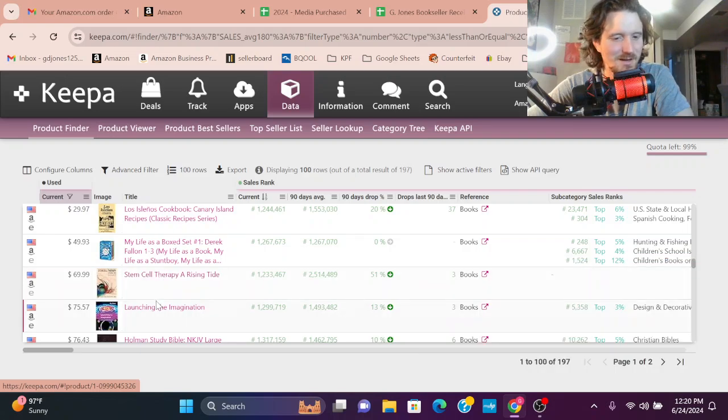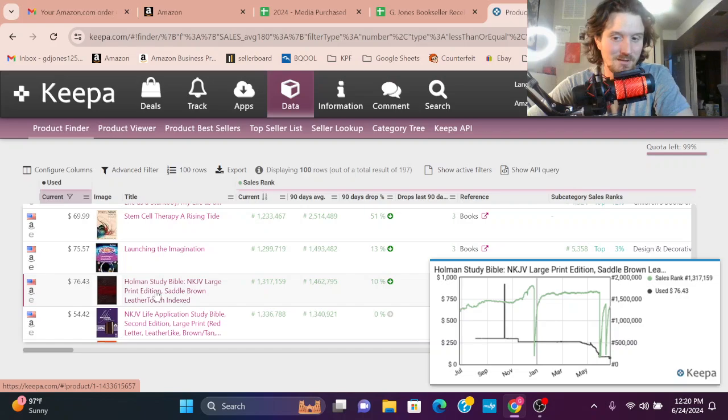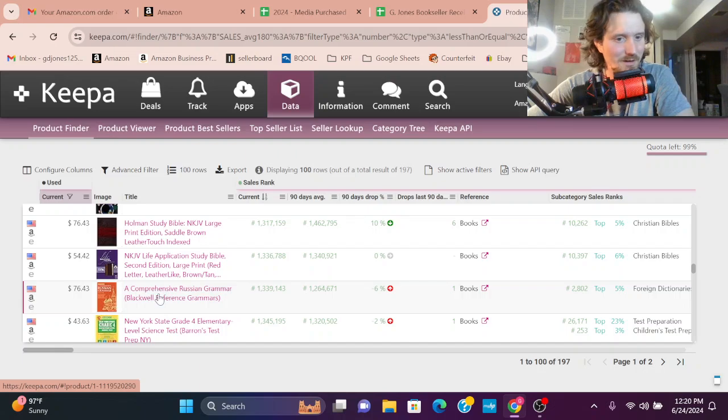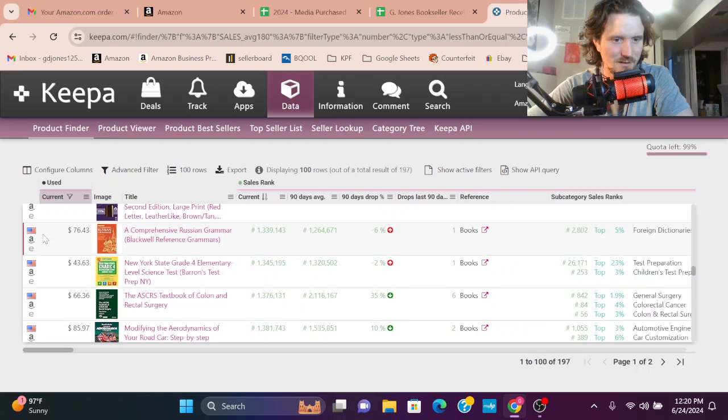You know what I'm saying? They're going to miss some stuff. It could be a book that you're looking at that only says it sold once in the last year, but it's actually sold like 30 times, or something like that.